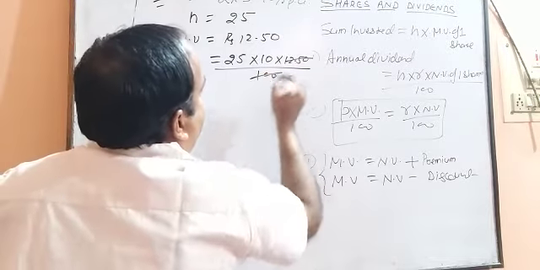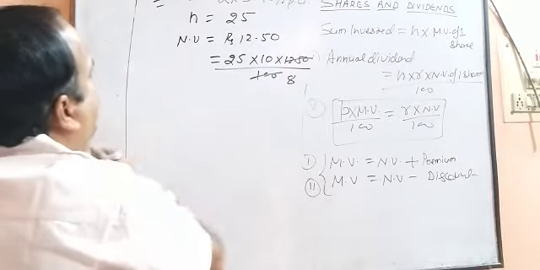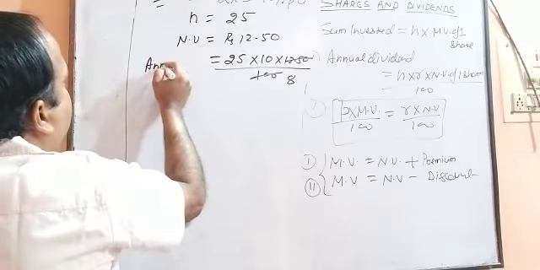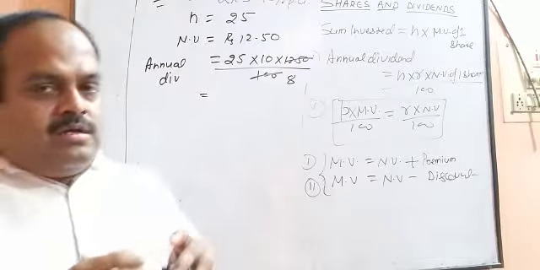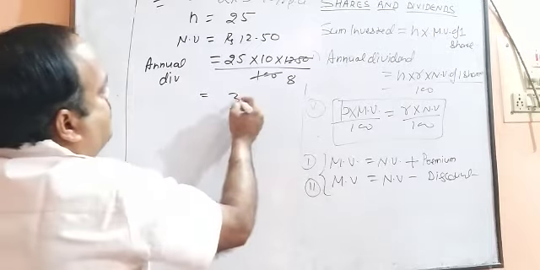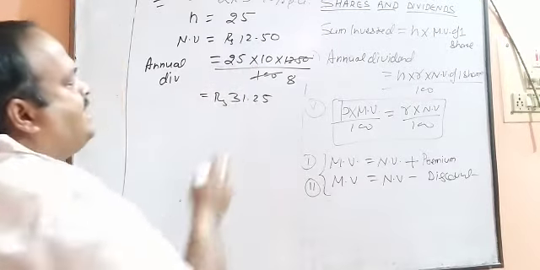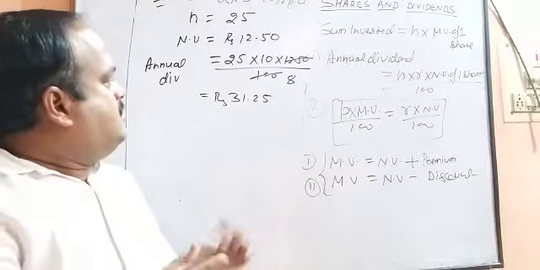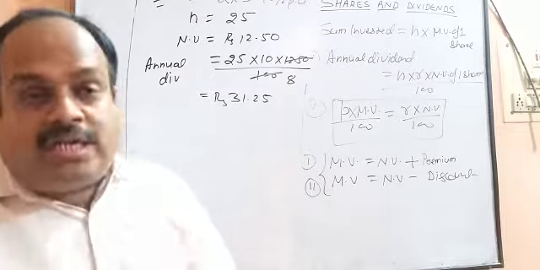So the dividend received by Mr. Krishan Lal annually will be 31.25 rupees.